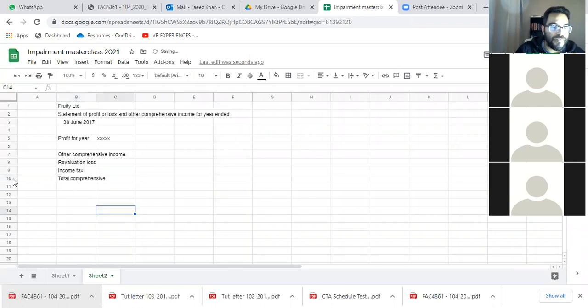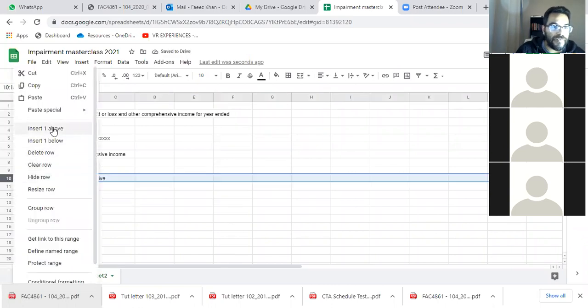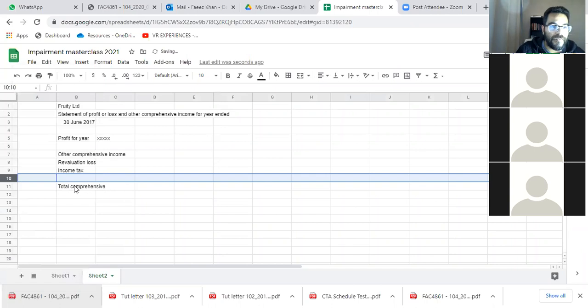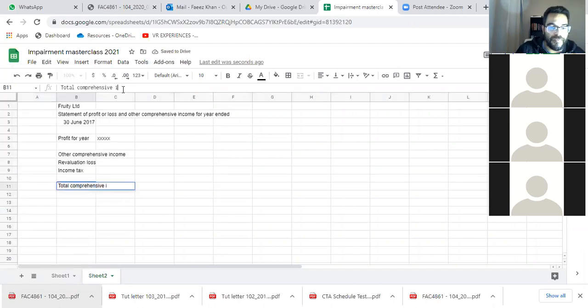So revaluation loss, we know it's a loss, so it's negative 52,608. We will have income tax on that, that multiplied by 80%, multiplied by 28%. So our comprehensive income would just be the sum of that.